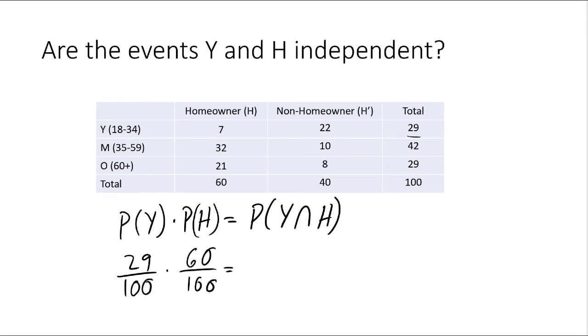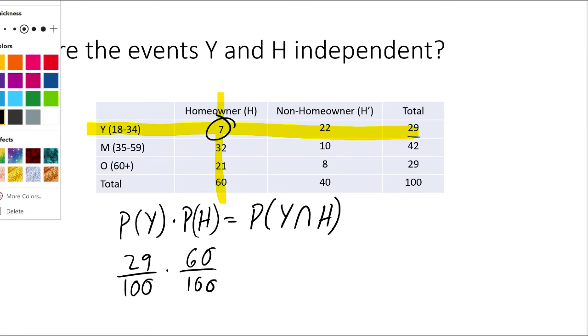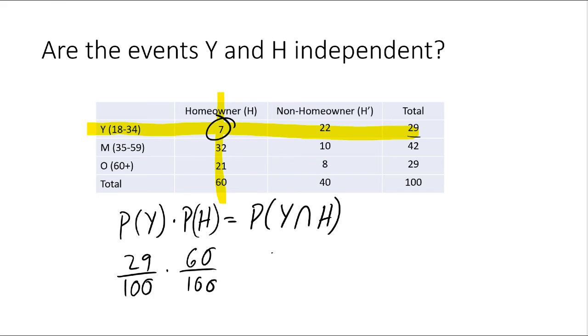And then we're going to see if that's equal to the probability that Y intersect H. So Y intersect H is where those two things literally intersect. And so that, of course, is the 7. The 7 younger people who are homeowners. So that's 7 out of 100.